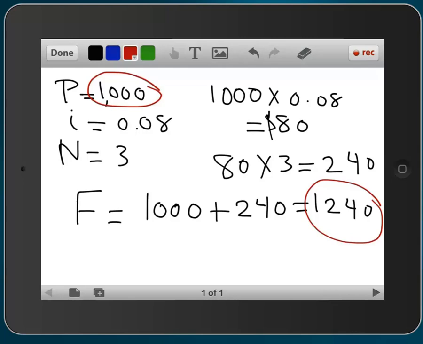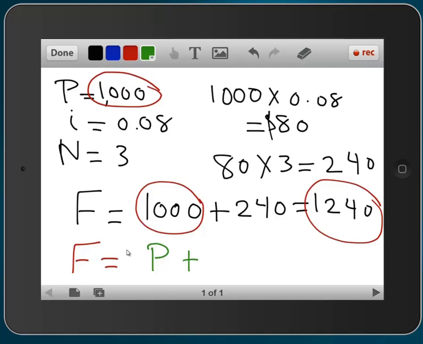Now, using the simple interest rate, can we get a formula from that? Looking at the numbers, we can see that F will equal P plus, and how did we get the 240?